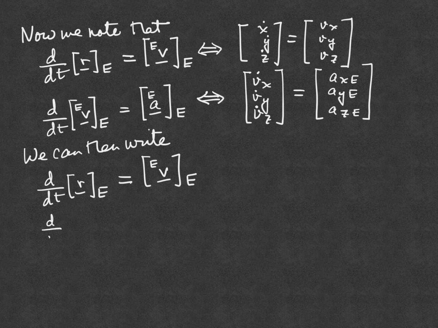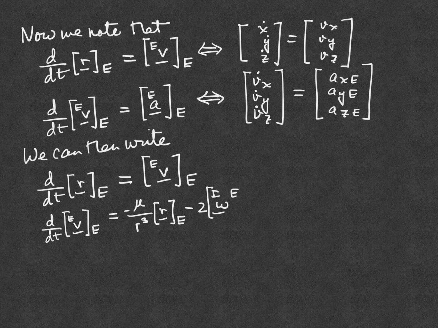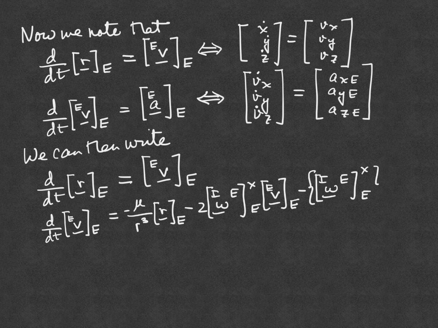We have d dt of VE expressed in E is equal to minus mu over r cubed times r expressed in E, and then minus 2 omega EI skew expressed in E times VE expressed in E, and then minus omega EI skew expressed in E, the whole thing squared, times R expressed in E.